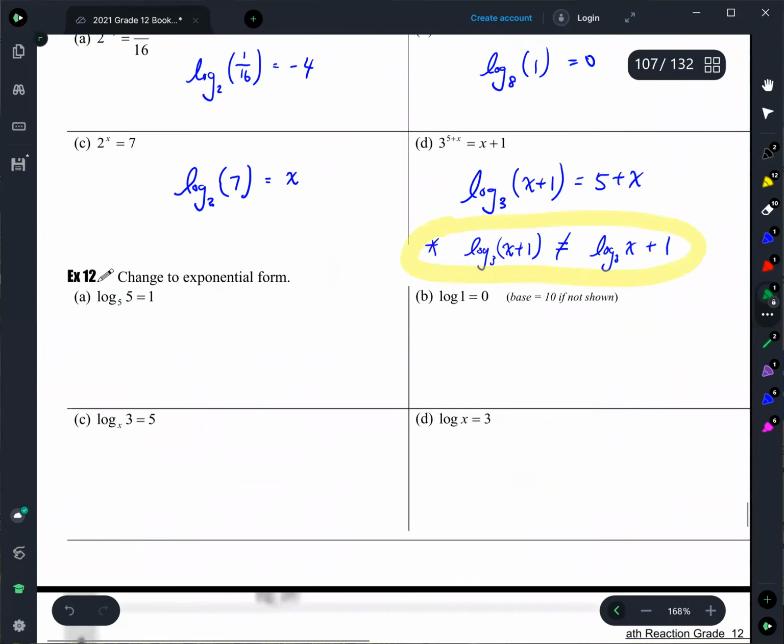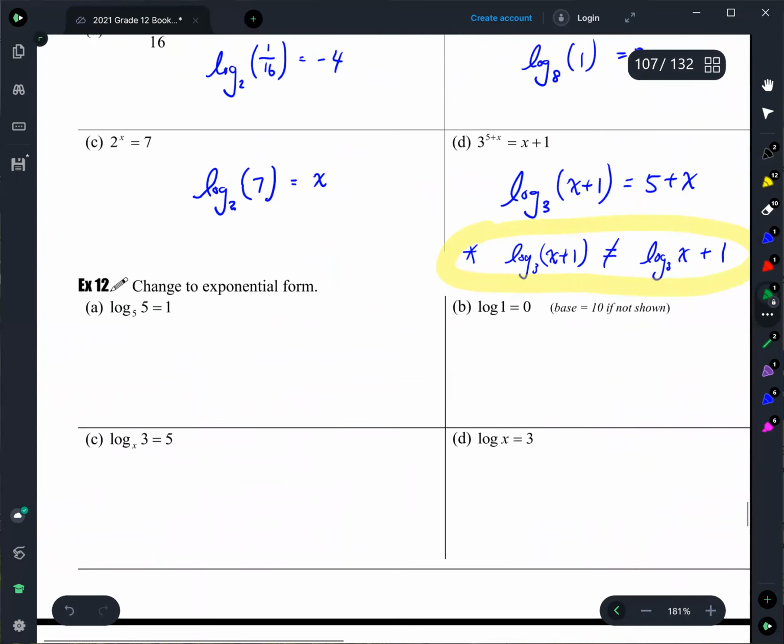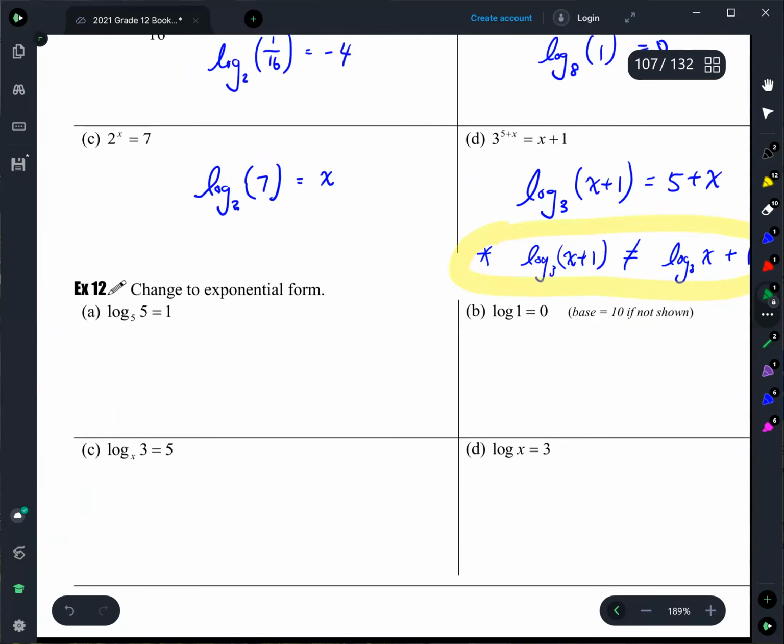Okay, so I'm gonna let you try the bottom 4 again. Question 12, I give you 4 questions in log form. Please change them back into exponential. Please raise your hand if you already changed them back. Pretty easy, right?